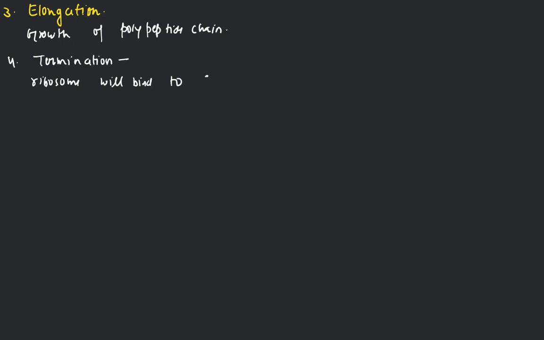Can you name the three stop codons, Annabelle? No. So the three stop codons are UAA, UAG, and UGA. The process of translation is finished when these codons lack tRNA. So when this happens, the translation stops and the newly produced polypeptide chain is released.